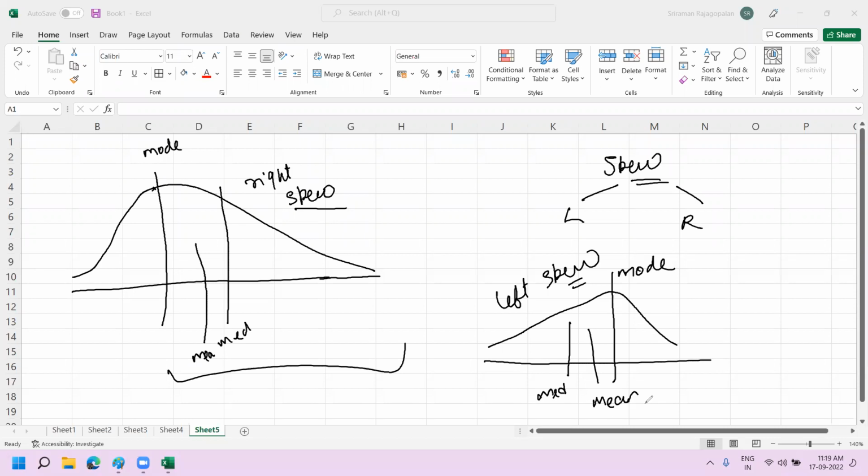Clear? Your real life data will either have right skew or left skew. Very rarely you will have even distribution. When we talk of distribution, I'll just quickly touch upon the different types of distributions.